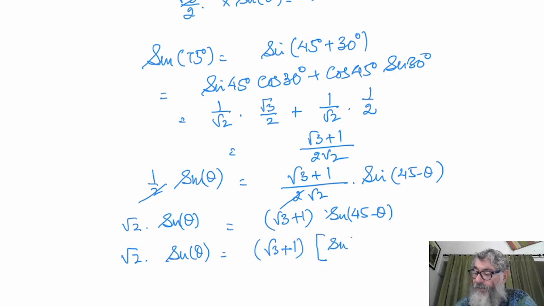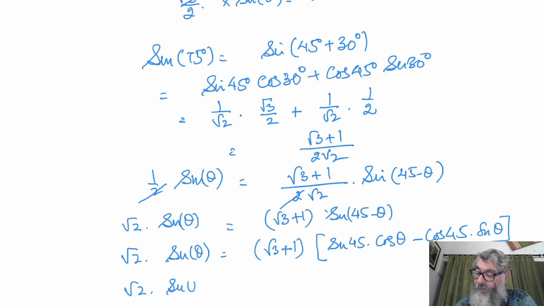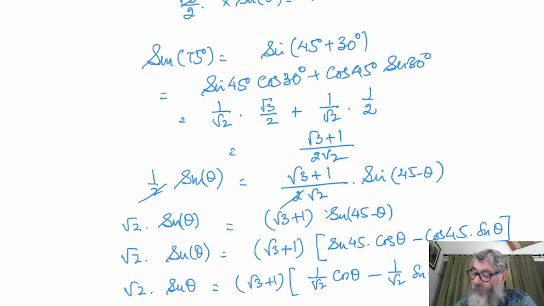Sine A cos B minus cos A sine B. That is, root 2 sine theta equals root 3 plus 1 times 1 upon root 2 cos theta minus 1 upon root 2 sine theta. 1 upon root 2 comes out common.